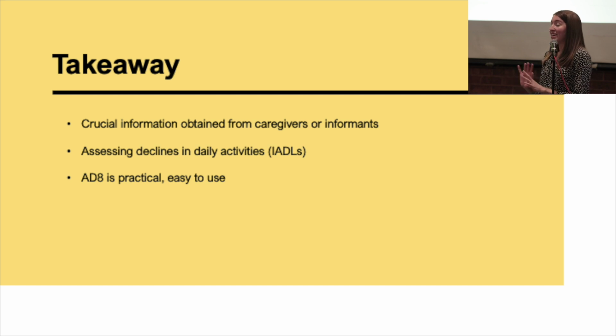We have the AD8, a practical, super easy tool to assess those changes in activities, but it also looks at other domains such as memory, orientation, and judgment. Scoring is easy, so it can be a helpful tool for professionals and caregivers alike to get an easy assessment of possible cognitive impairment to follow up with other evaluation if needed.